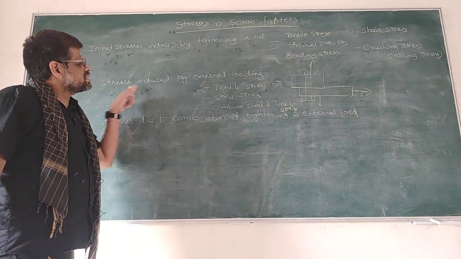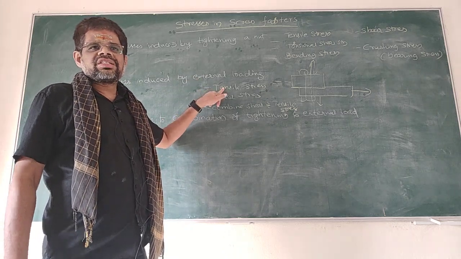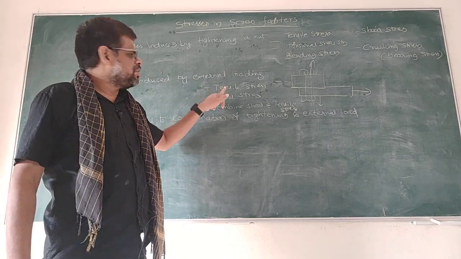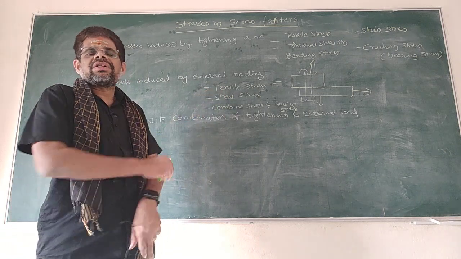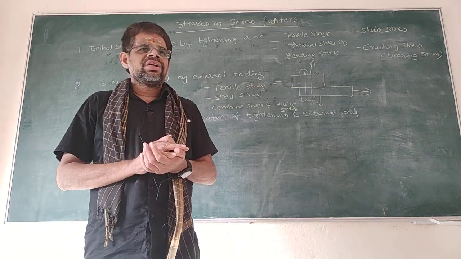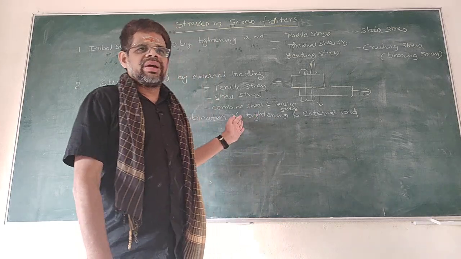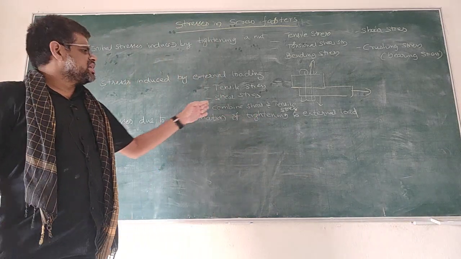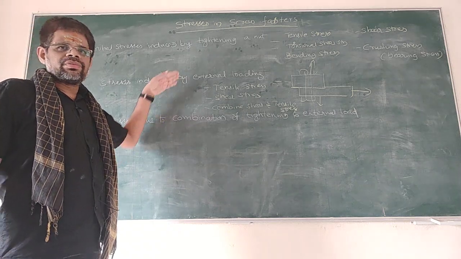Similarly, we will discuss problems related to external loading. When some amount of load is applied, how much shear stress is developed, or how much tensile load is developed, or when it is subjected to shear or tensile loading, what is the safe diameter. Those are the things to be determined. That is the second case, and we will solve some problems when they are subjected to both.